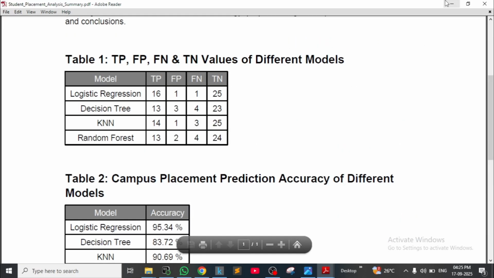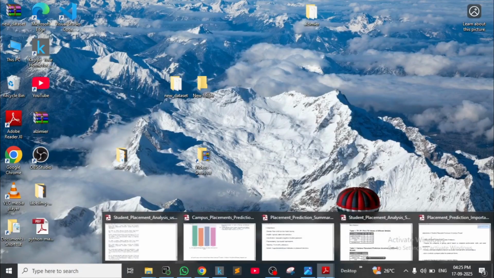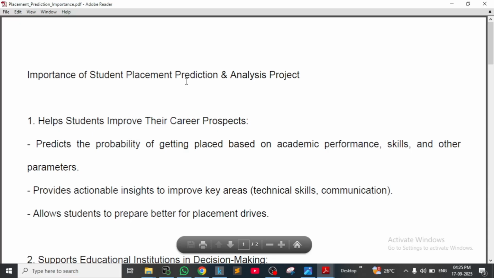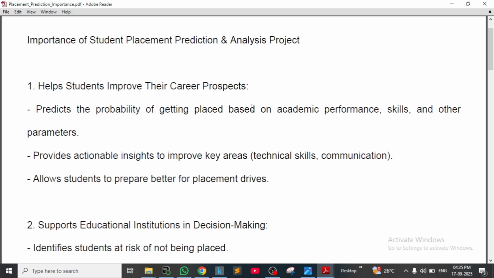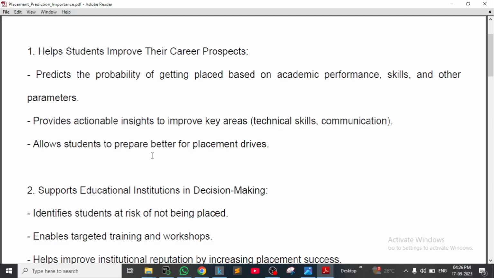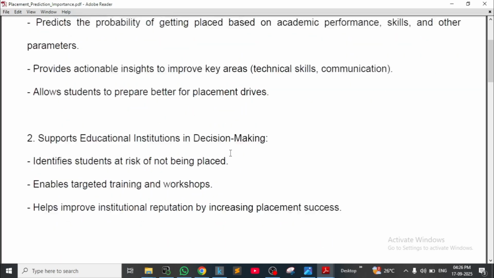Okay, coming to the importance of this project. Importance of student placement prediction and analysis project. Okay, I have given some key points. Helps students improve their career prospects: predicts the probability of getting placed based on academic performance, skills, and other parameters, and provides actionable insights to improve key areas like technical skills and communication, allowing students to prepare better for placement drives.